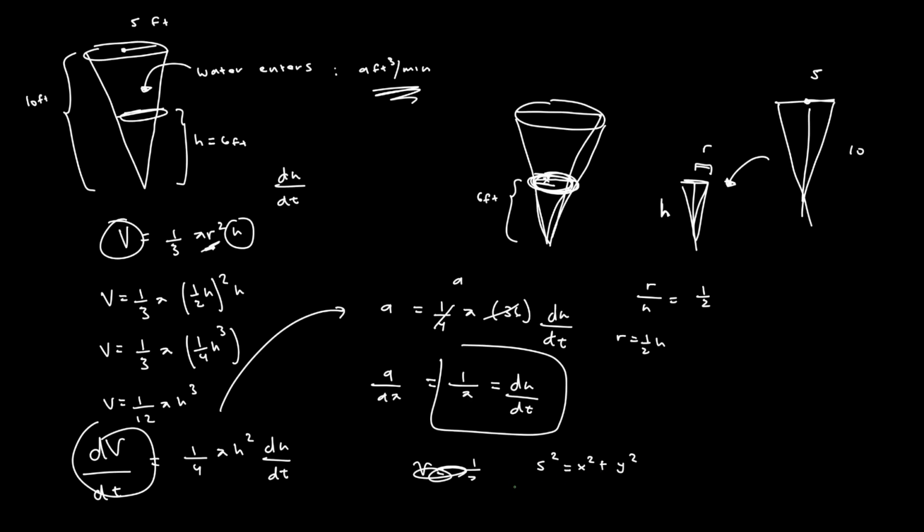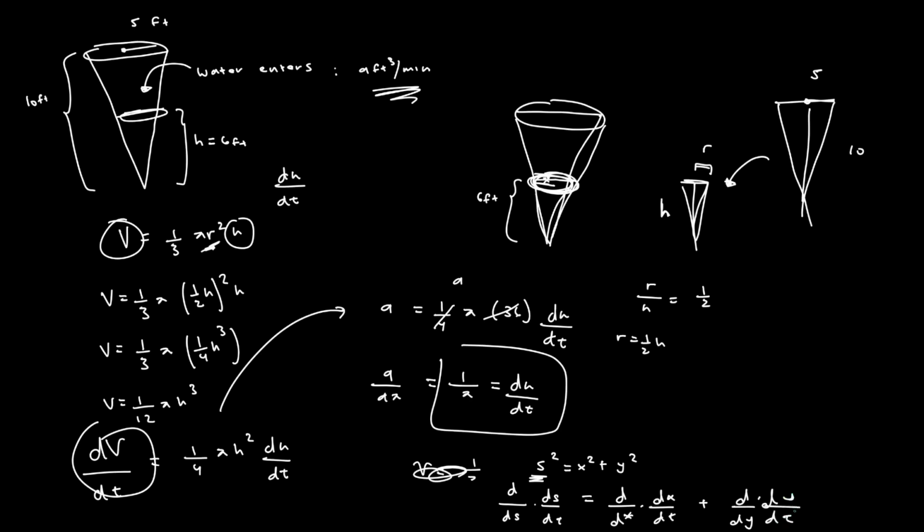Because what we're doing is d over ds times ds over dt of this s squared, and that's equal to d over dx times dx over dt plus d over dy times dy over dt.